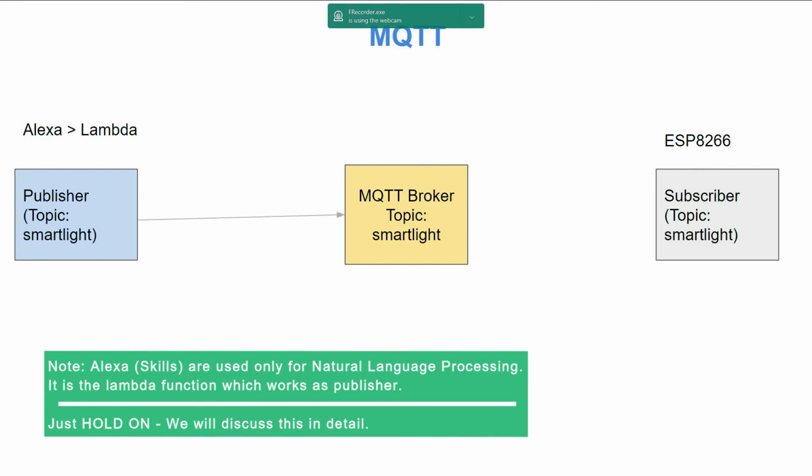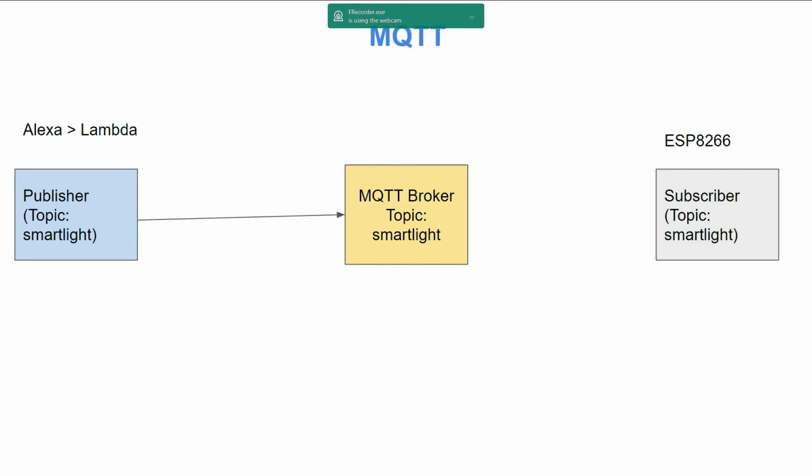So what would happen when we say, Alexa turn on the light? Using the Lambda function, it will send the message on or off. If we say turn on the light, it will send the message on to the topic Smartlight, and it will send the message to the broker.